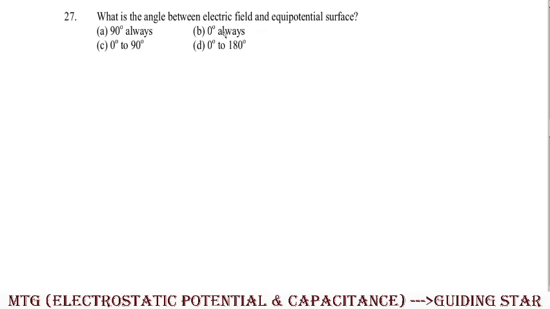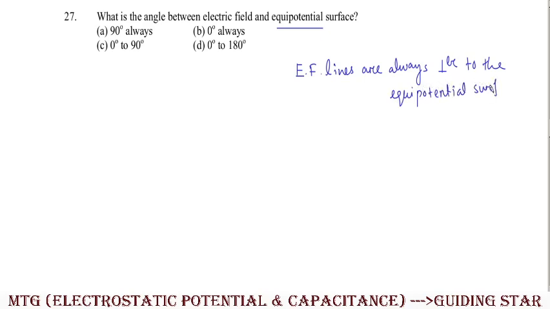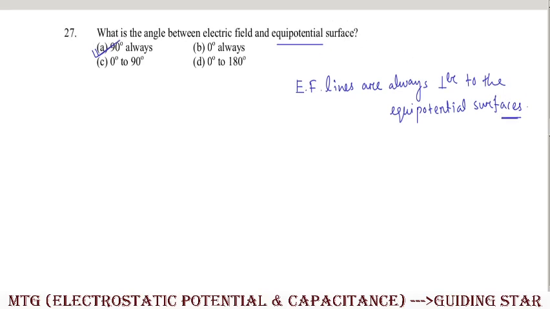As we know, there is a property of equipotential surfaces: electric field lines are always perpendicular to the equipotential surface. That means they make a 90-degree angle. That means option A will be the correct one.